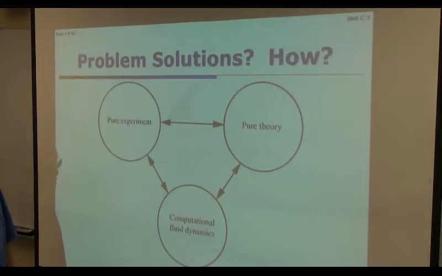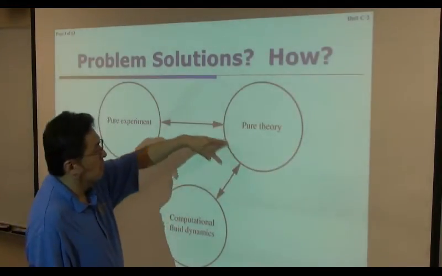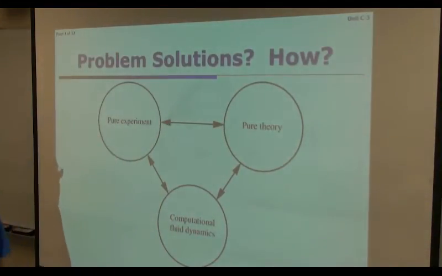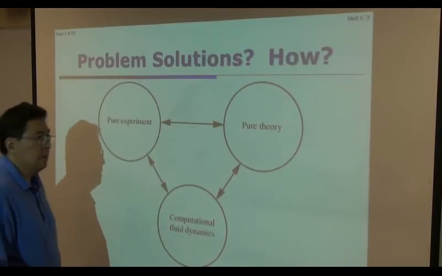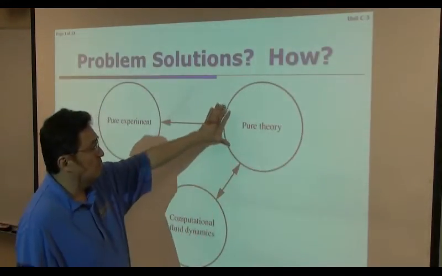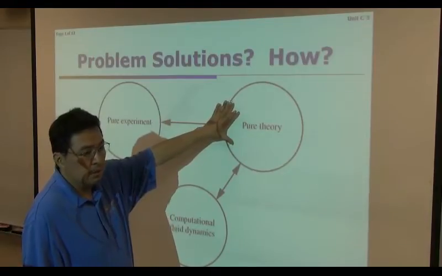Now, Aero1 covers mainly this one, pure theory. So that's why we are going to focus on fundamental equations, governing equations, to begin with. And then we are trying to develop ideal flow theory, which is essentially pure theory based. So we are using a 100% mathematical approach to solve the problem.